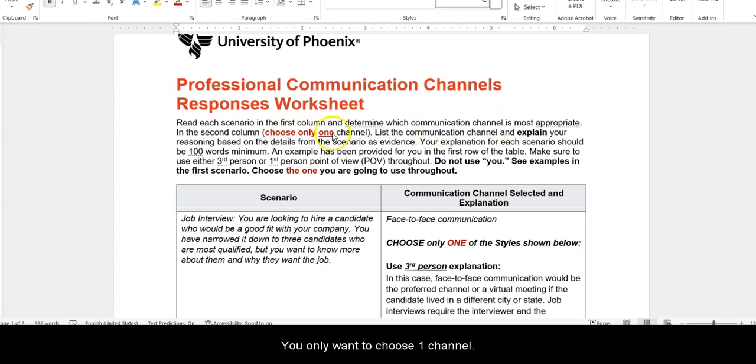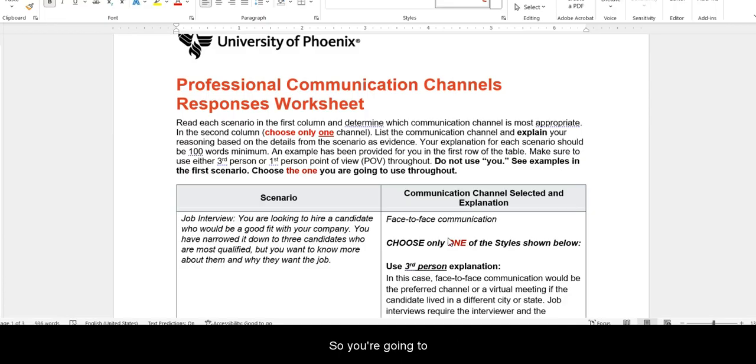You only want to choose one channel, though there is one scenario similar to the example given on this worksheet in which two are very similar, and I'll show you that in a minute.